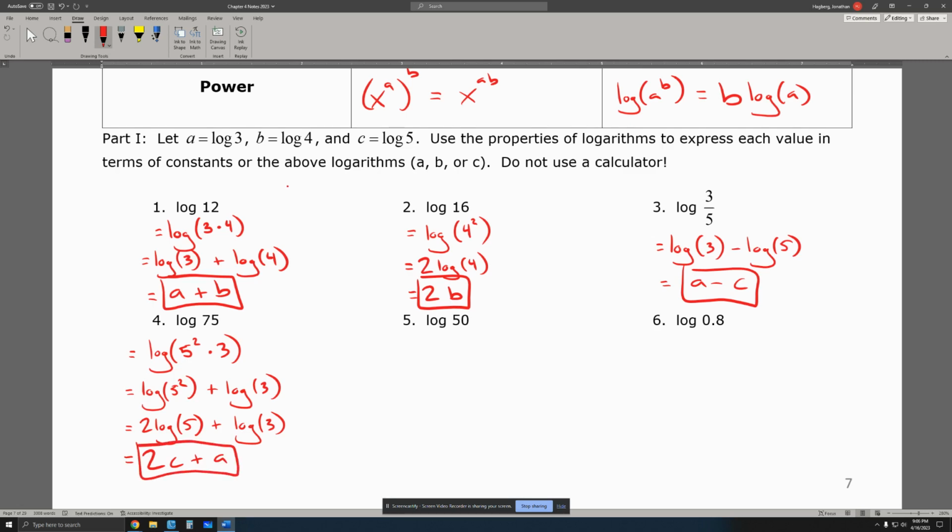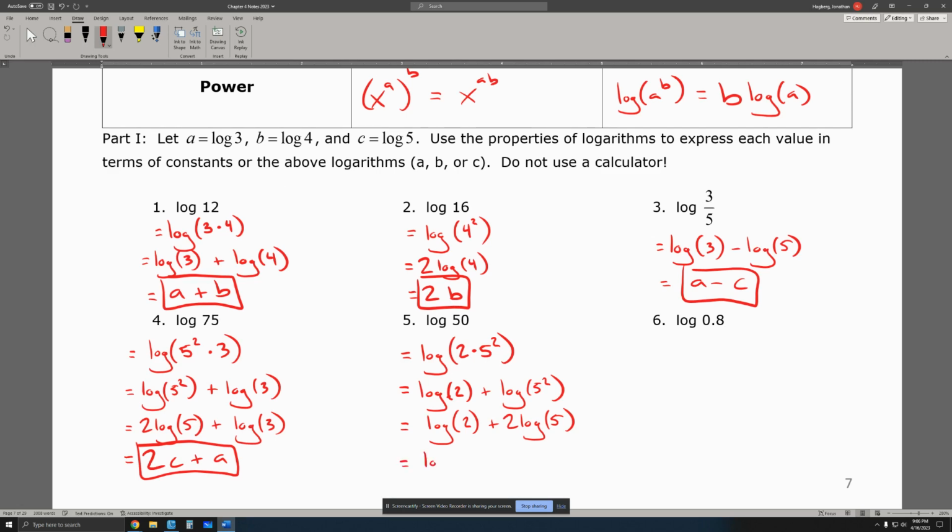All right, log of 50. This would be 2 times 5 squared, or this would be log of 2 plus log of 5 squared, which is equal to log of 2 plus 2 log 5. All right, so here we can substitute one of those logs for c. However, 2, we can write as the square root of 4.